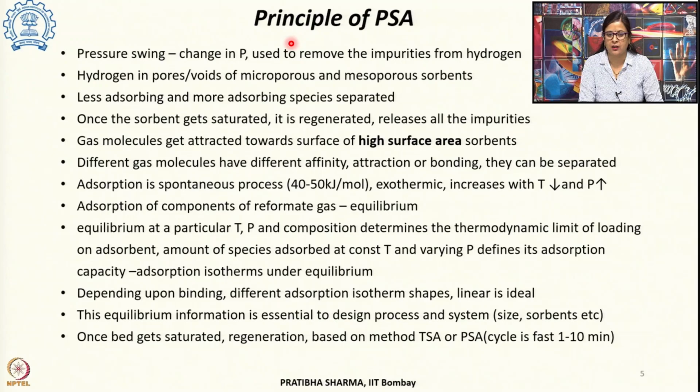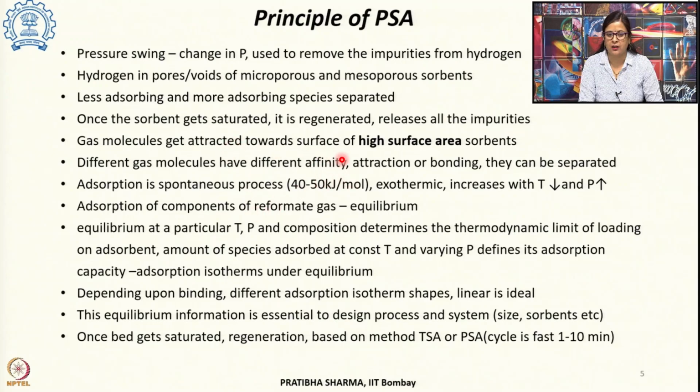In the pressure swing adsorption process, pressure swing means high pressure. Due to the high pressure, the different gas molecules will be adsorbed into different chemicals, but hydrogen will not be adsorbed by the chemical, so you can get pure hydrogen.